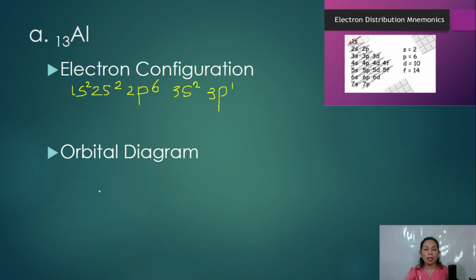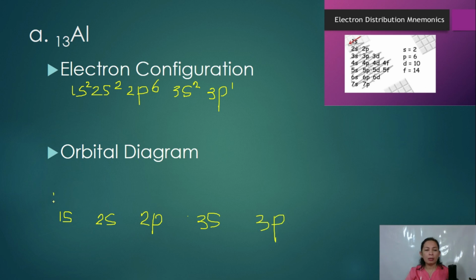Now in drawing the orbital diagram, you can write the orbitals below. You have 1s, you have 2s, then you have 2p, with some distance because we have 3 orbitals in 2p. And then we have 3s, and then we have 3p.